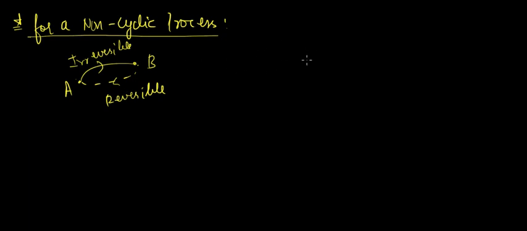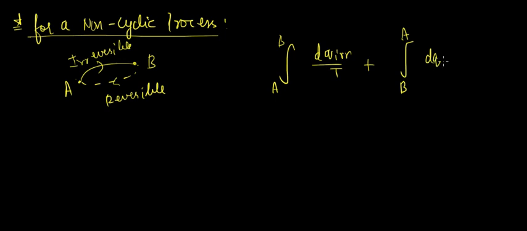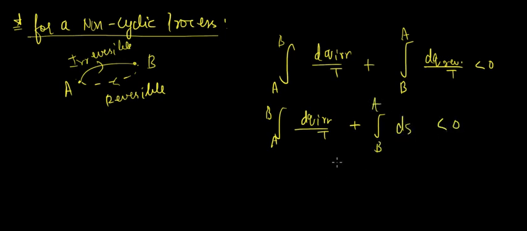As we can see, from A to B we can write it would be dq irreversible by temperature, and from B to A, as it is reversible, if I add from B to A dq by temperature, then the whole cycle would still be less than 0. Okay, so now we can write that from A to B dq irreversible upon temperature, and from B to A, this is nothing but dS, or change in entropy.